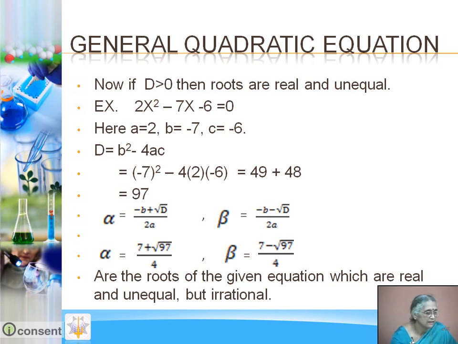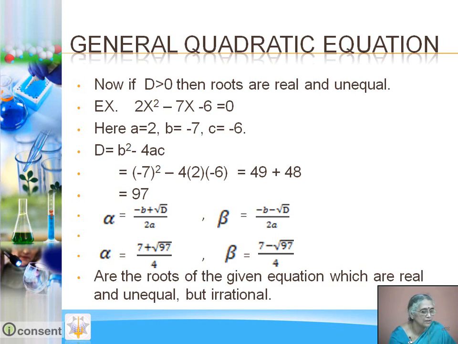So we write value of x as minus b plus square root of d upon 2a and minus b minus square root of d upon 2a. Therefore, 7 plus square root of 97 upon 4 and 7 minus square root of 97 upon 4. These are two values of x.